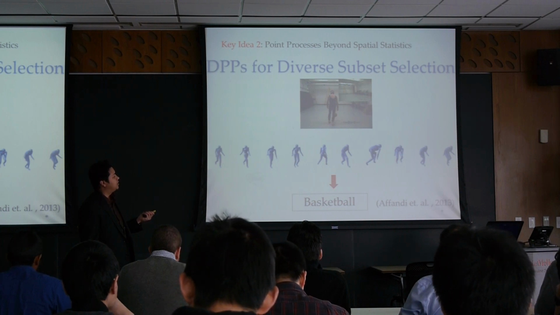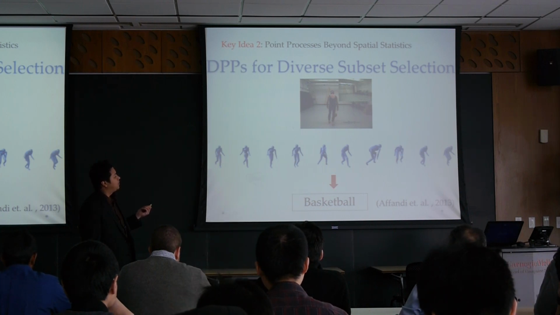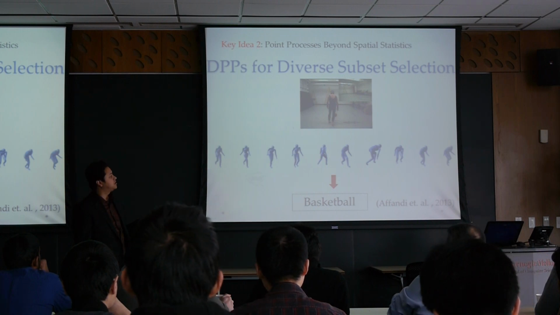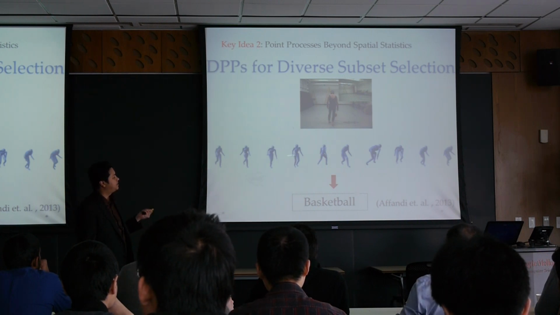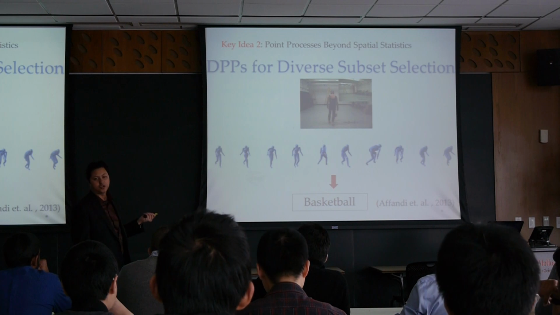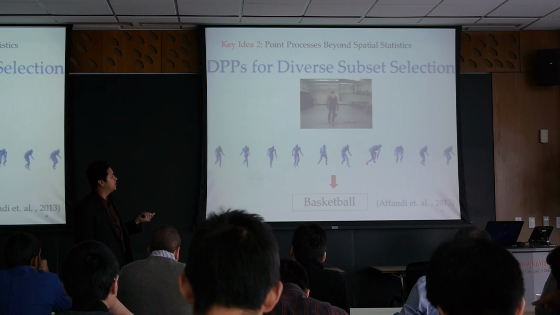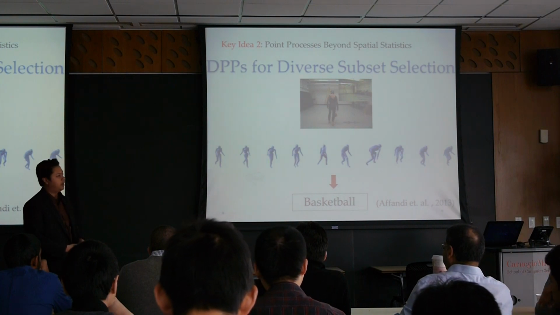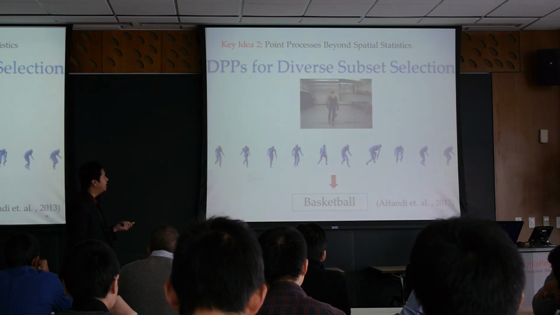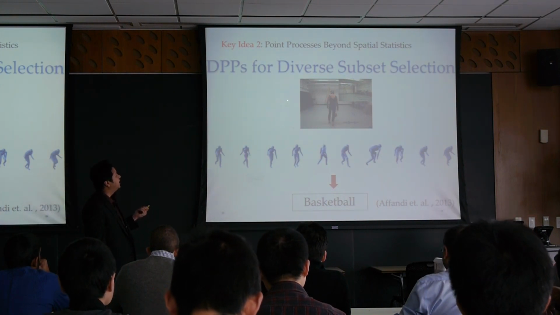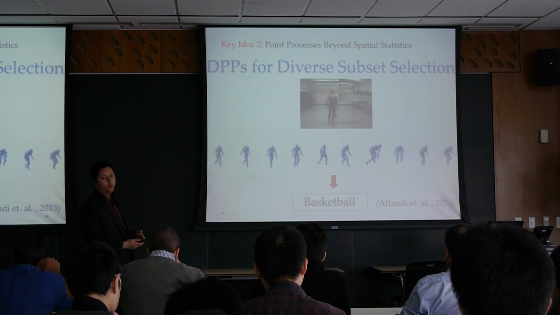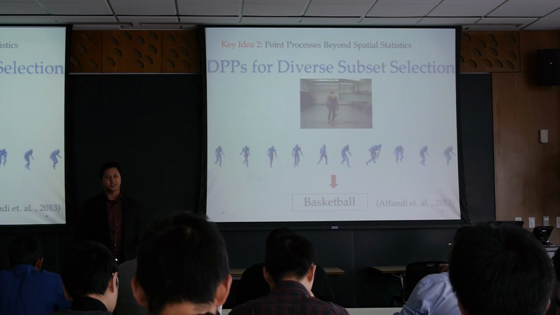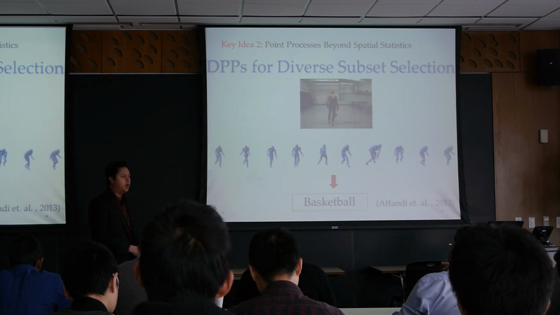One of the applications we looked at is, from that collection of thousands of frames, how do we select a representative set of 10 or 12 frames that could help people summarize the activity, right? I'll go into the detail later on how we do that. But the whole idea is that we're having this paradigm shift of point processes beyond just spatial statistics into the machine learning regime.